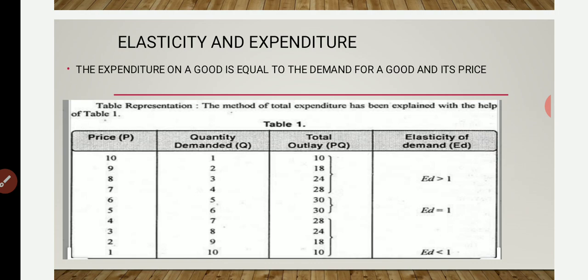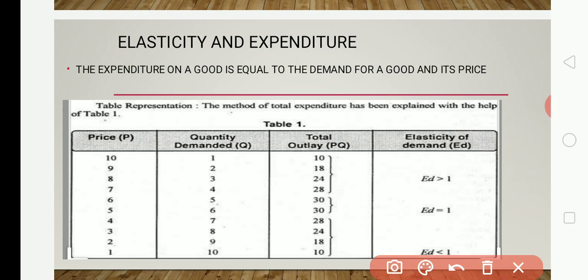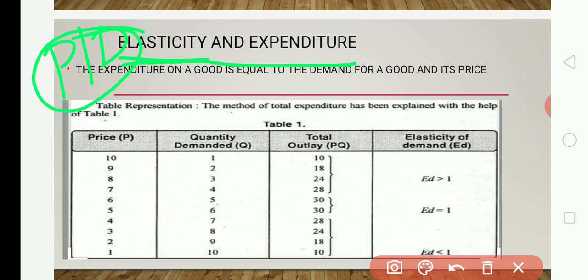Here, under elasticity, we are studying the relationship between the price and the demand. So it is the measure of responsiveness of demand to a change in one of its determinants. That is elasticity.